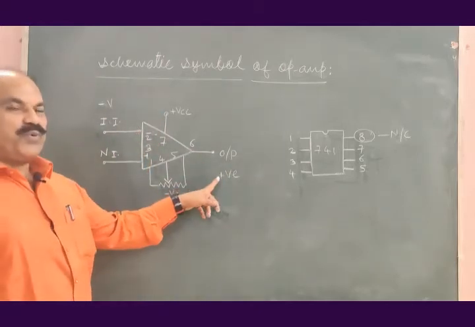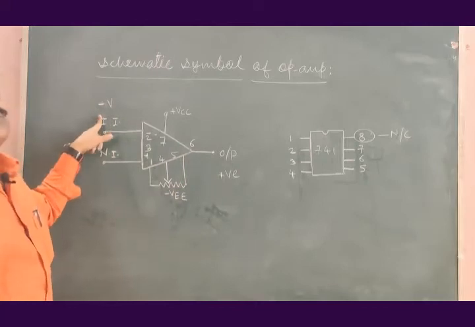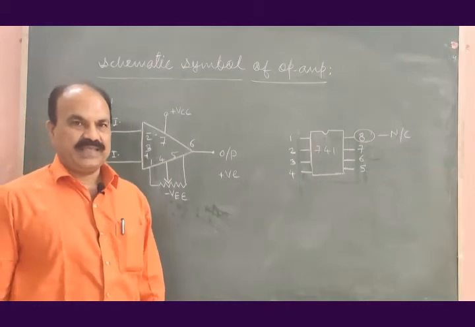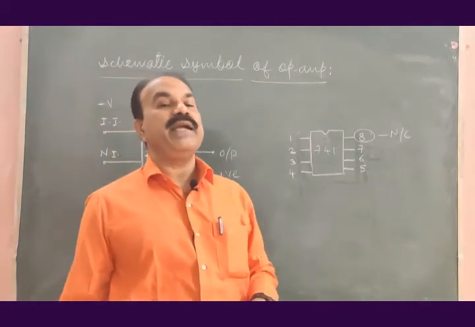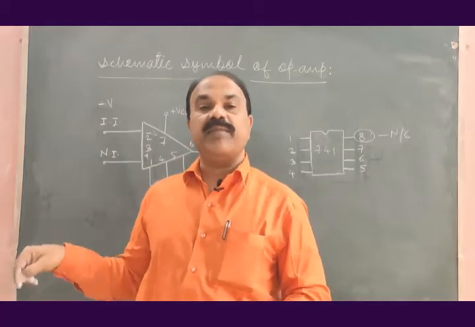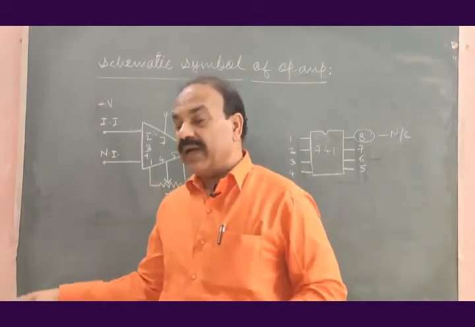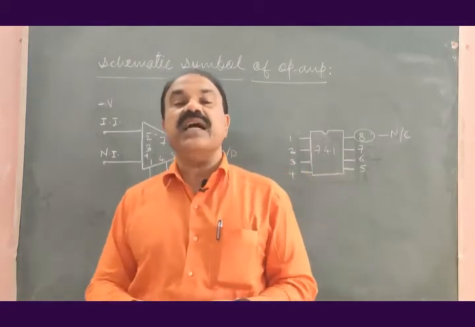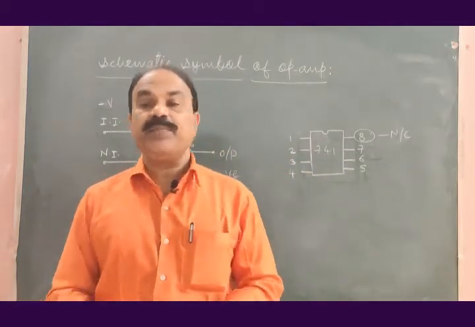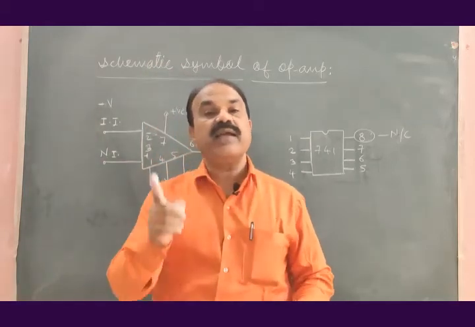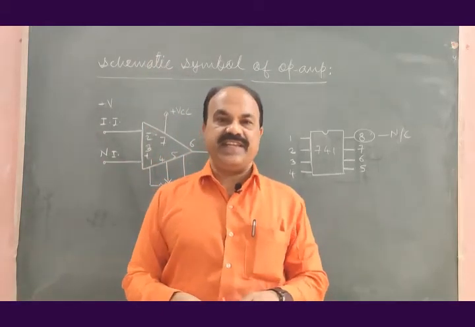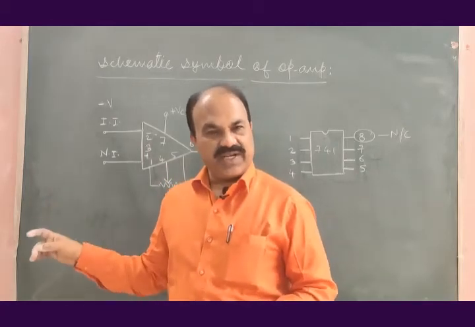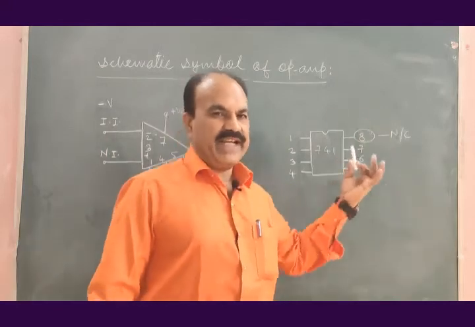It means that whenever we apply input voltage to the inverting terminal with respect to ground, when the non-inverting terminal is grounded, the output voltage is always out of phase with the input voltage by 180 degrees.